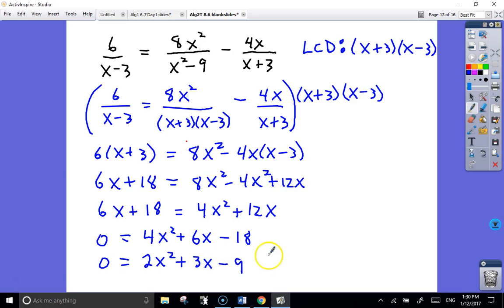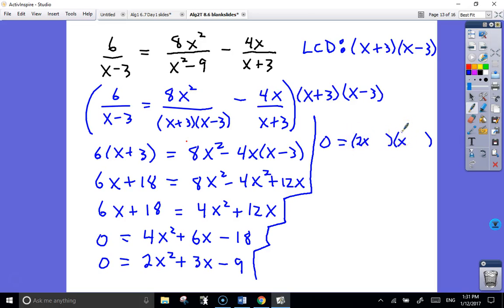And then can we factor that? 2 times negative 9 is negative 18. Are there factors of negative 18 that add up to 3? Yeah, positive 6 and negative 3. So you could go through the long process, or you could just guess and check. I'm going to guess and check because I don't want to take up that much room. I know that the first term in each parentheses is 2x and x for sure. That's how I get 2x squared.